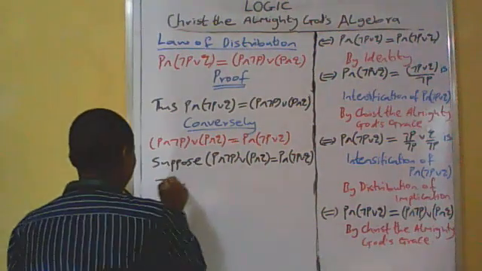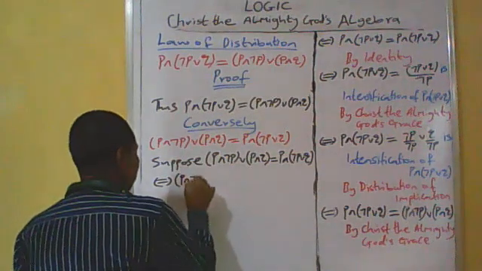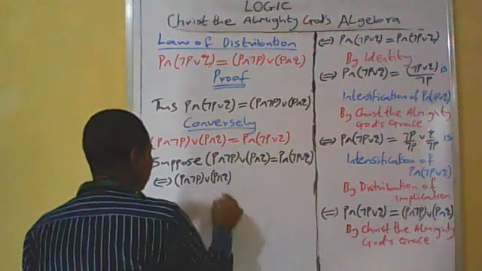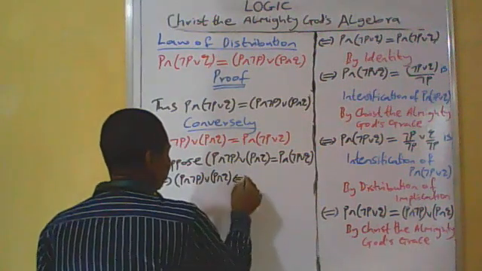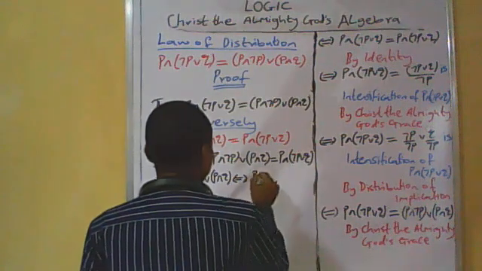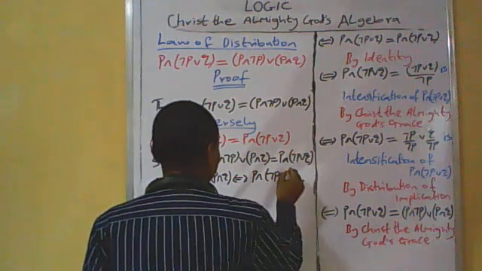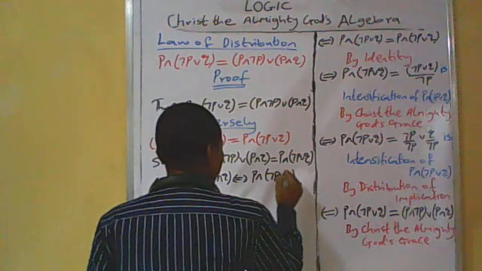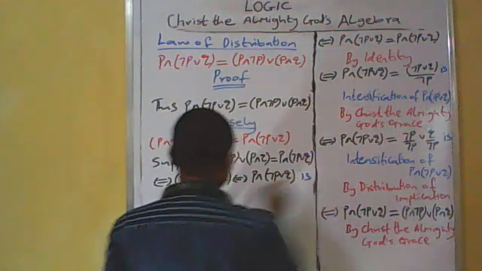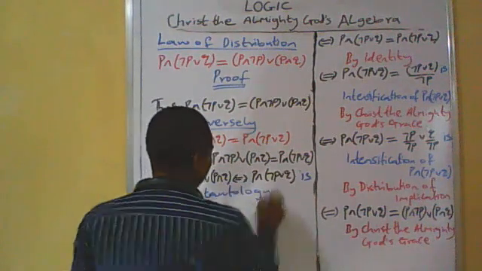You see, (P and not P) or (P and Q) if and only if P and (not P or Q) is a tautology.